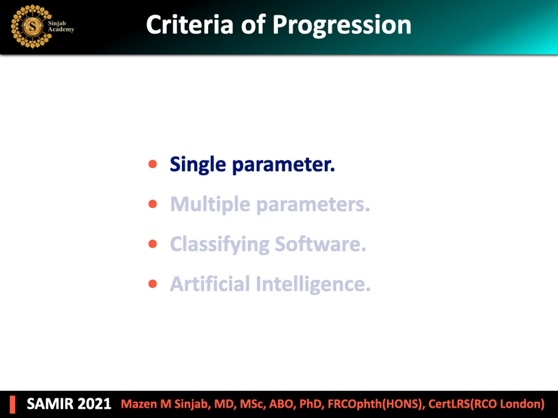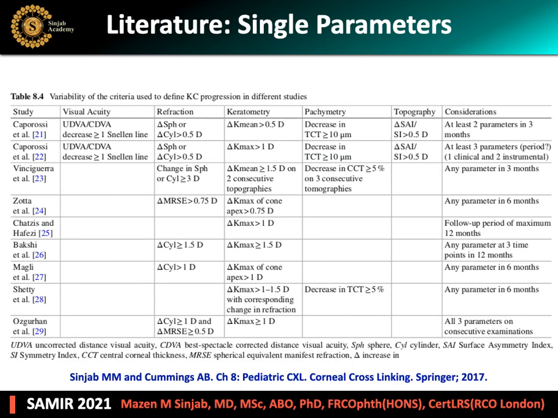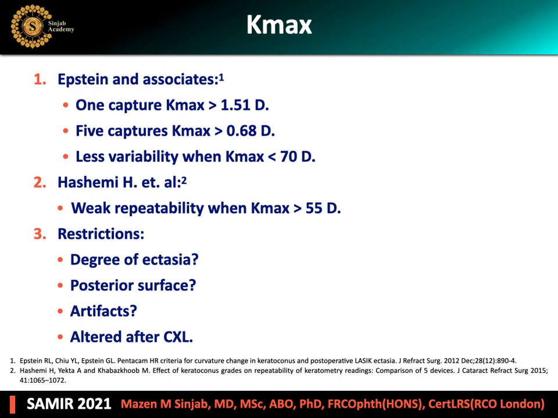Starting with the single parameters, most of the old studies used the Kmax as a single factor to describe progression. However, Kmax itself cannot be an individual indicator. Why is that?